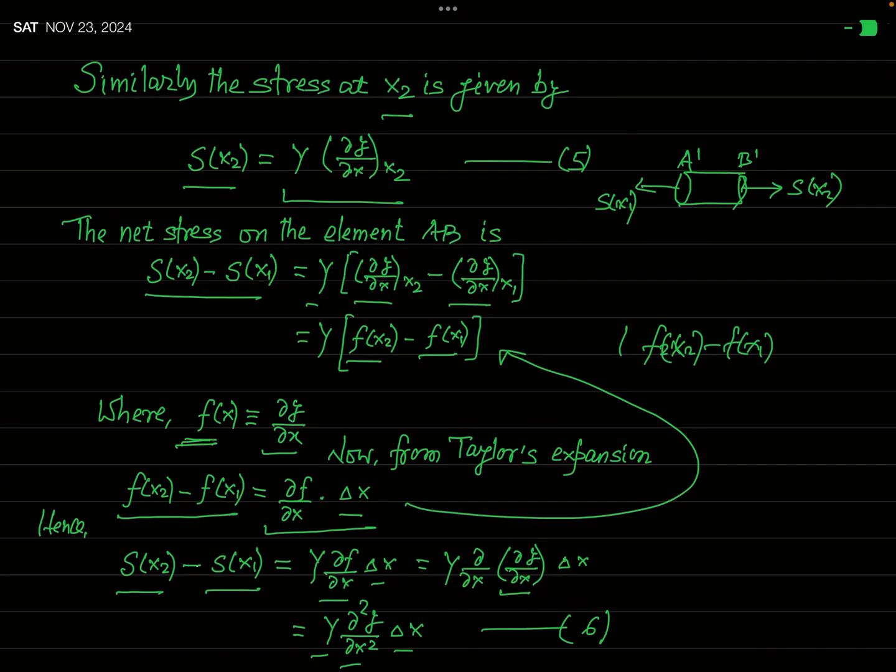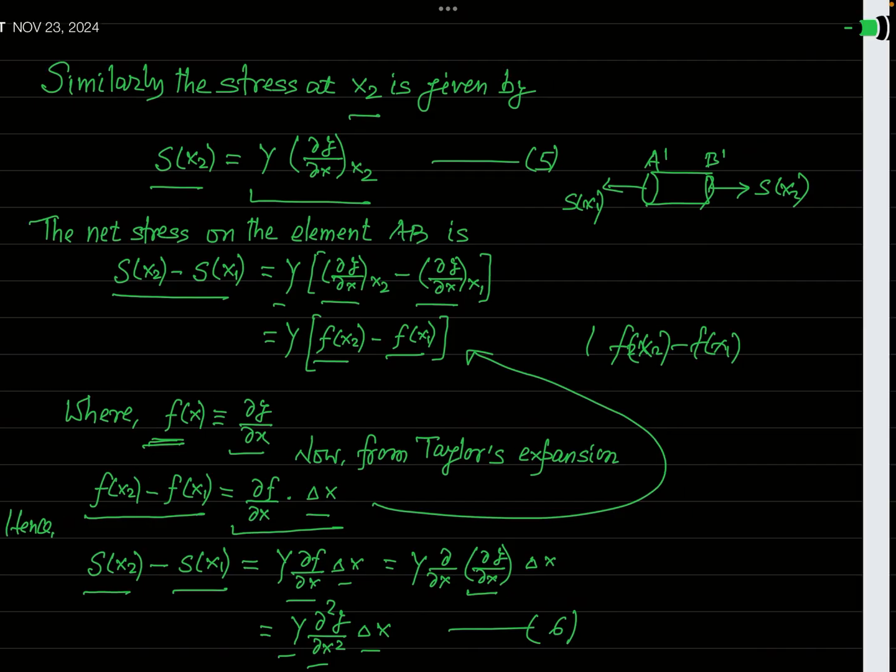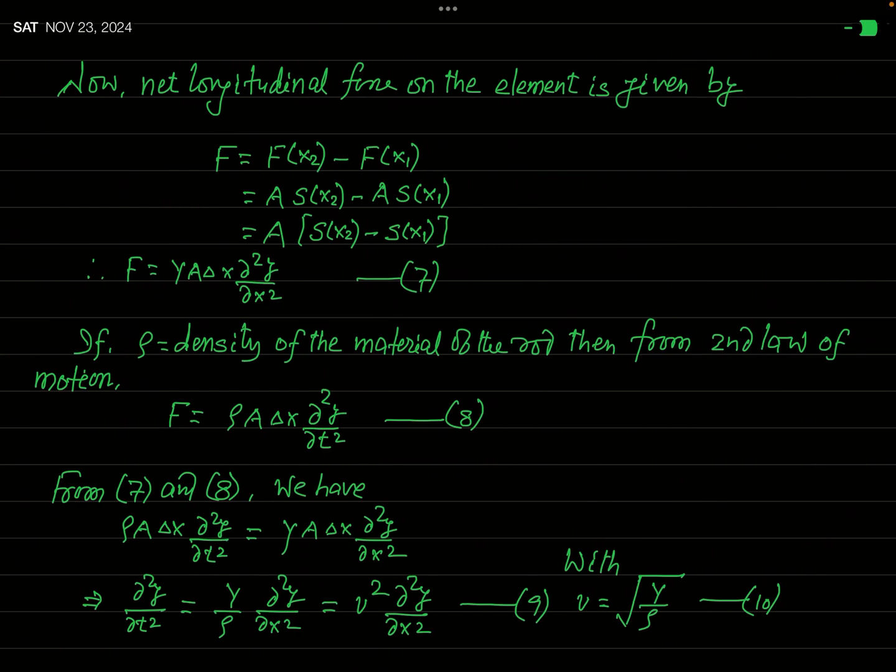Now you can easily find what the net force will be. You can see in my previous figure that this is the displaced position, A dashed and B dashed. And I showed in the figure earlier that the force acting on the section A dashed is F at x1 and that on B dashed is F at x2.